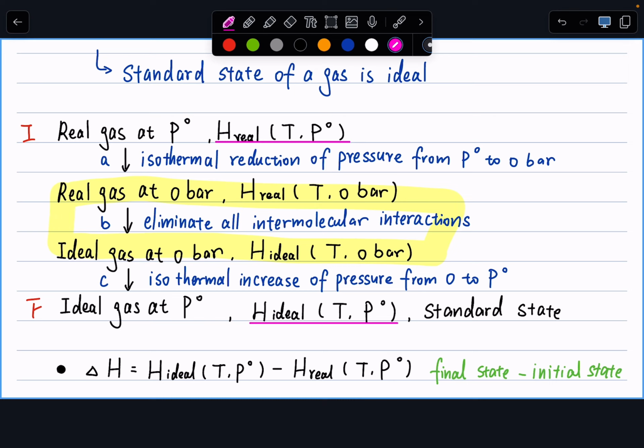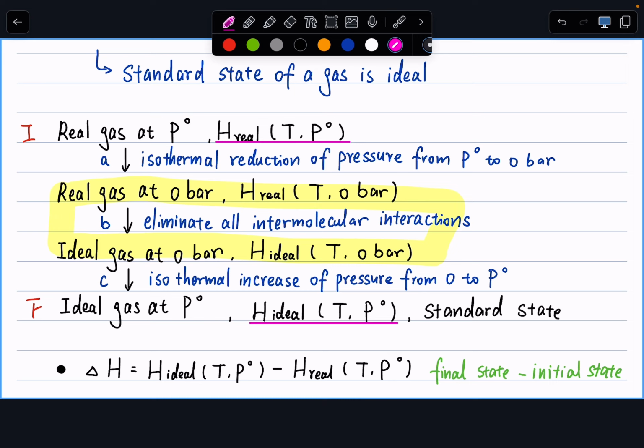What about part B? This one we actually mentioned a little bit. We're talking about when pressure is approaching 0. So when pressure is approaching 0, basically that means my molecules are super far away from each other. They're not interacting with each other.